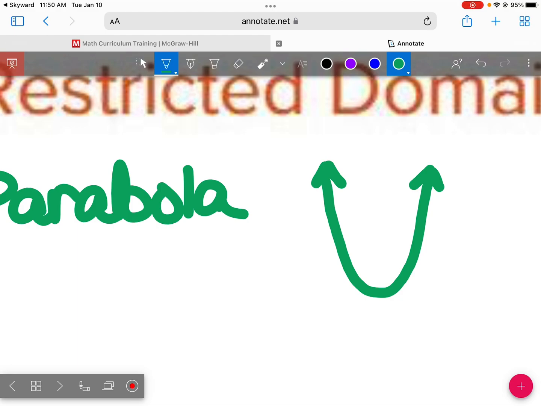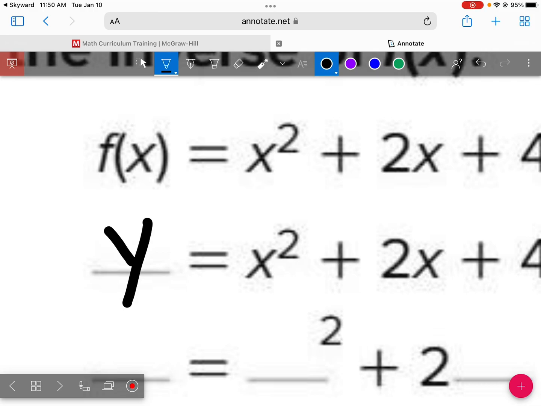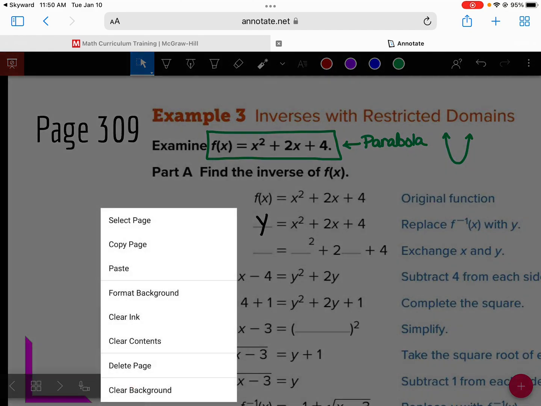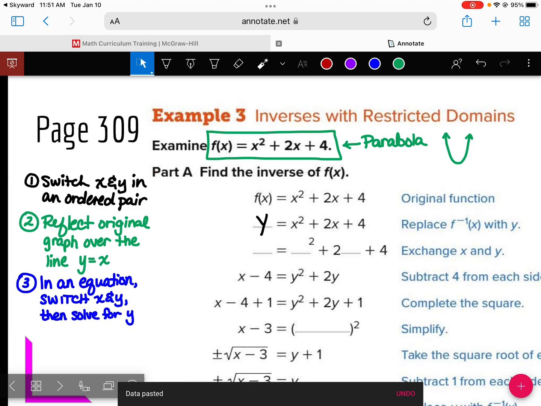So far, so good? What do I want to replace that function notation with? I can't do my next step if I have an f of x there. Replace it with a y. Once I've replaced f of x with the letter y, then what can I do? Switch.